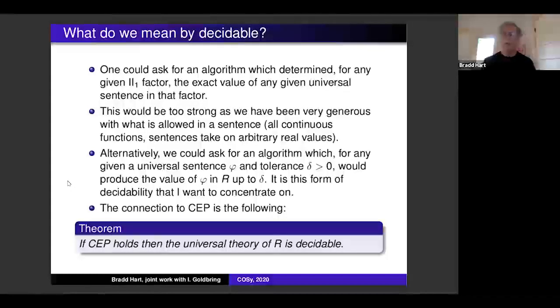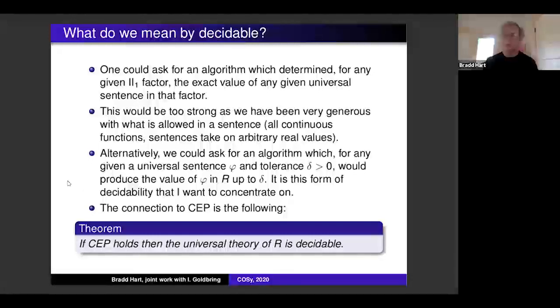We know that CEP fails because the results from the MIP* = RE paper imply that Tsirelson's problem is false. And by work of Fritz, Junge, and Ozawa, we know the Tsirelson problem is equivalent to QWEP. So we know QWEP is not true.